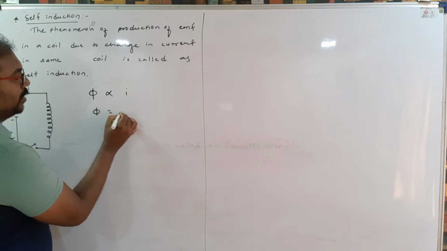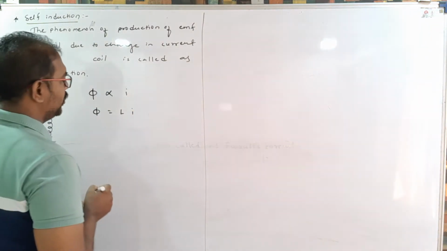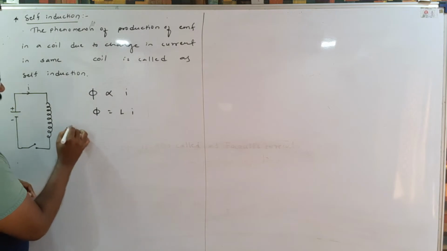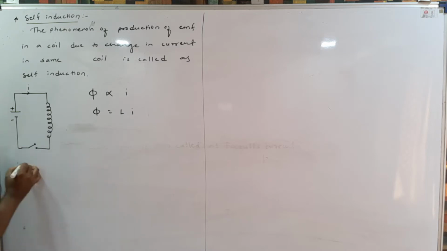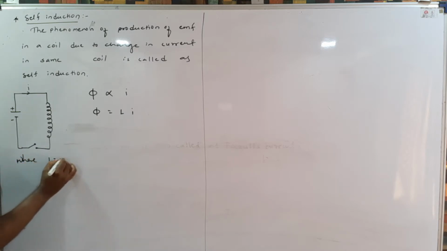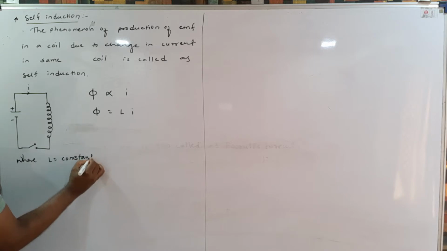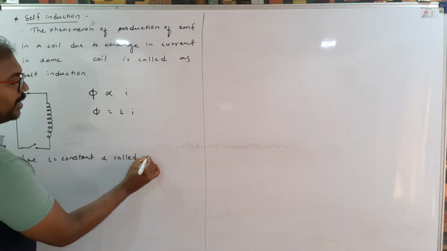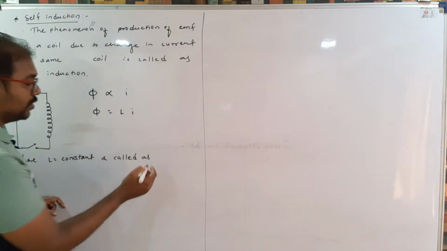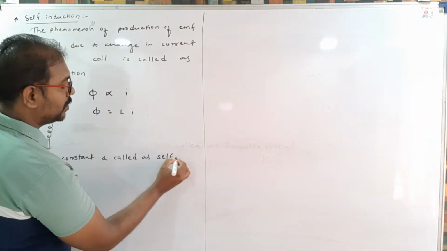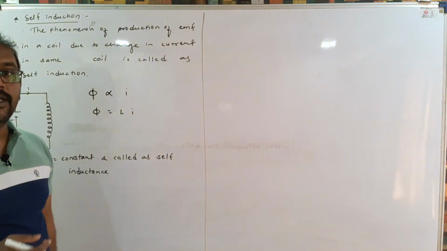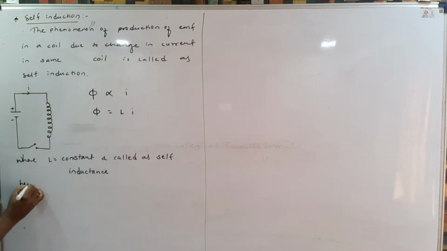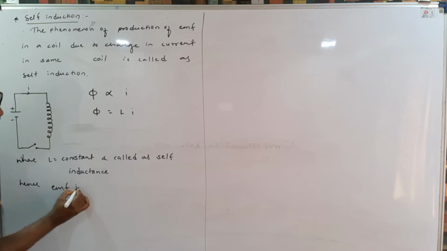So we can write a constant, I write constant L. So L is constant and is called the coefficient of self-inductance or self-inductance. L is self-inductance.